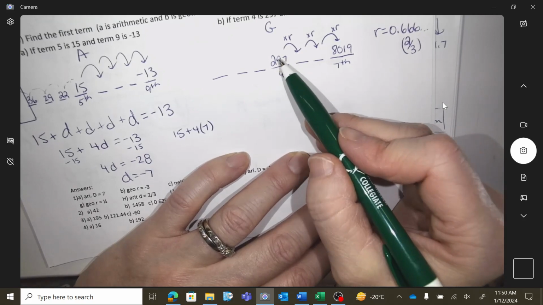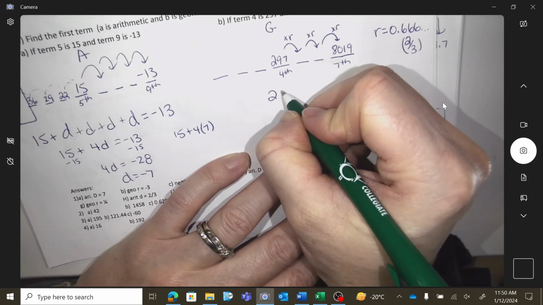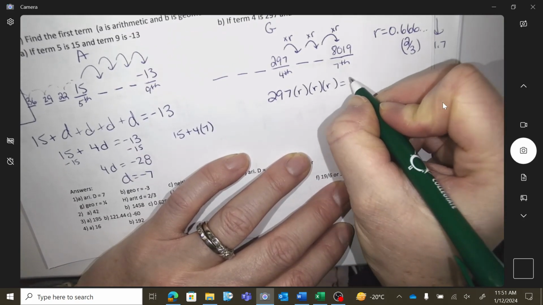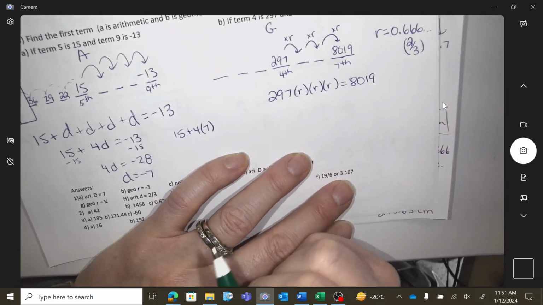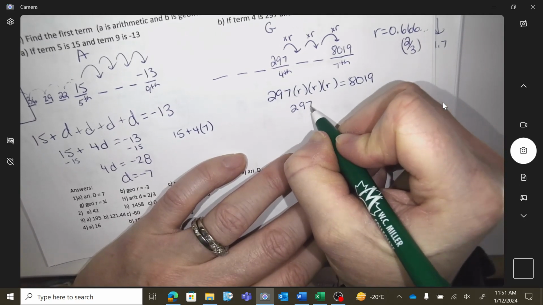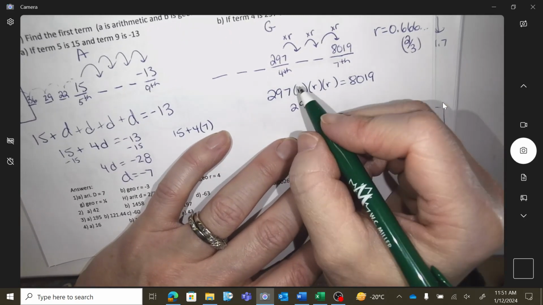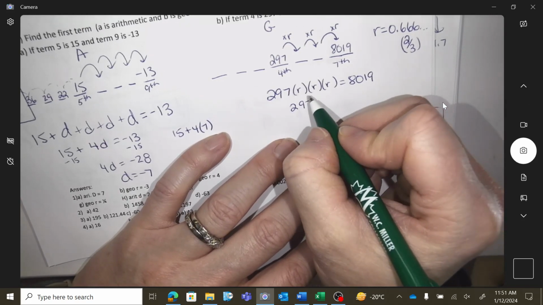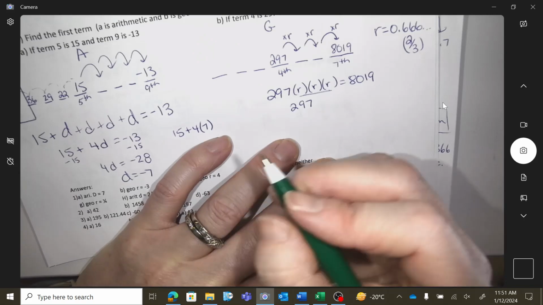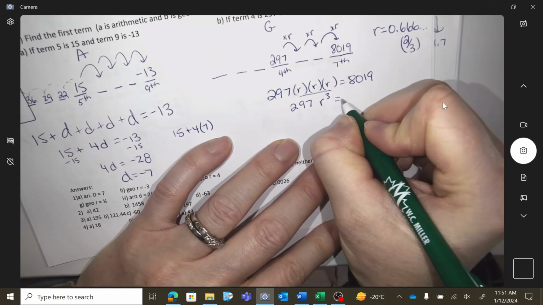So I'm timesing by something and timesing by something and timesing by something. What's another way to mathematically write r times r times r? R cubed.